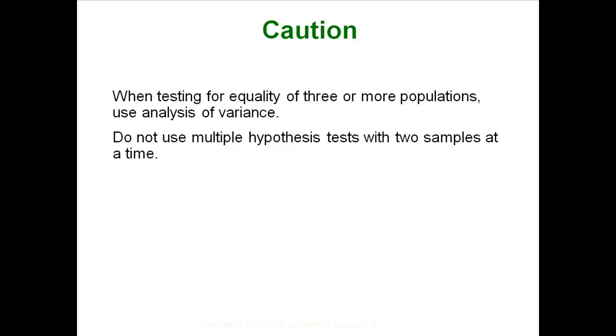Just simple math tells you that if you're setting alpha to be 0.05 and you run this test 3 times, that means you're 95% confident for each test, but you're now running 3 tests.